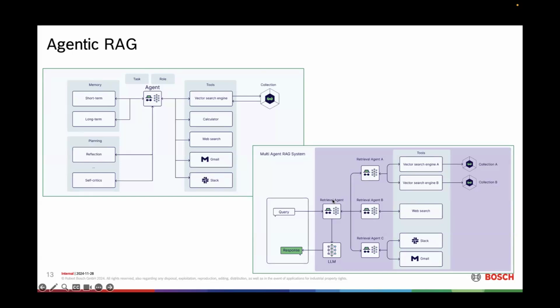We're talking about multiple agents specializing in different directions on how they can perform retrieval, maybe some agents specializing in web search, some in the retrieval of data in databases, some on Gmail or other things, and then the retrieved data is orchestrated and sent back to the user via the LLM.